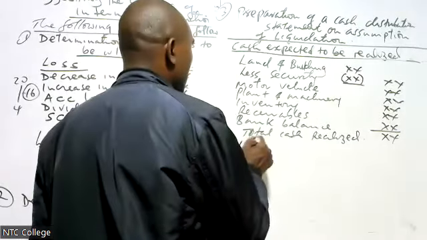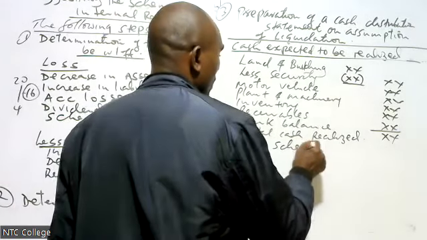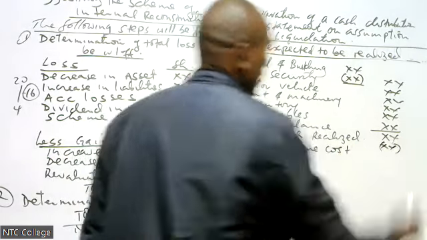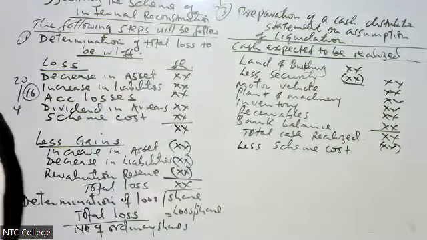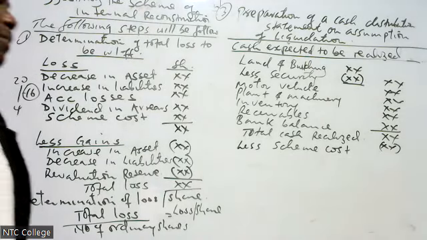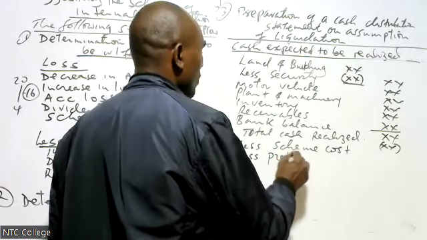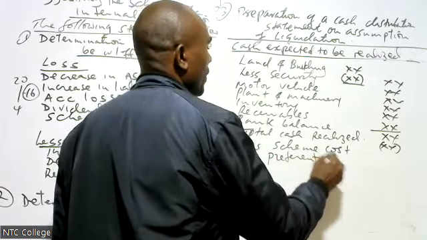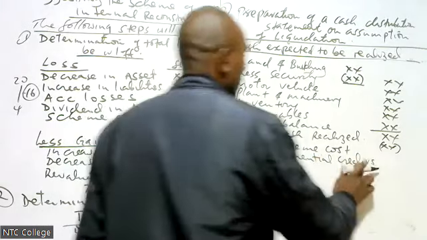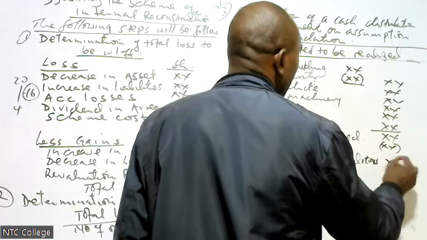Therefore, we start with less scheme cost. Scheme cost, this is the reconstruction expenses. I'm assuring the experts that your money is there. Then we come and less preferential creditors, like the KRA.